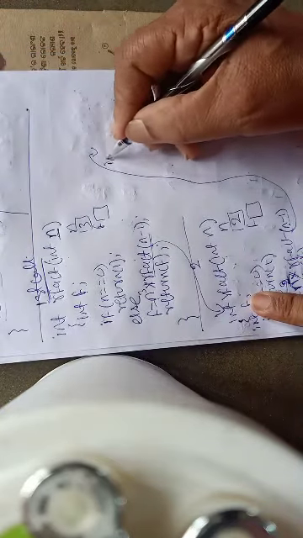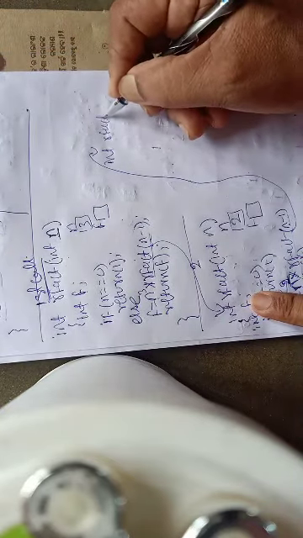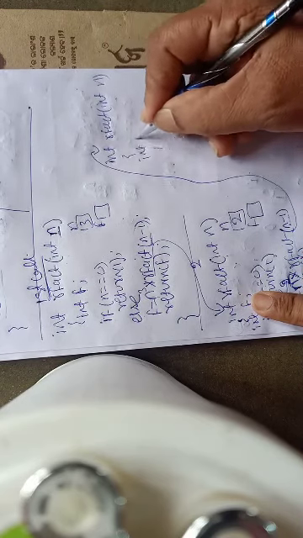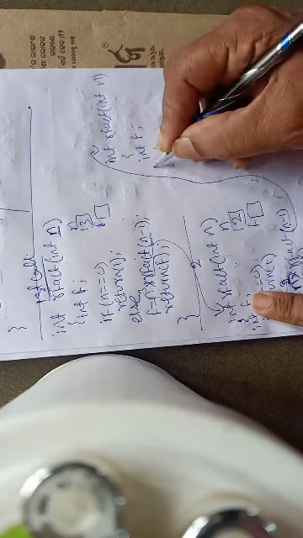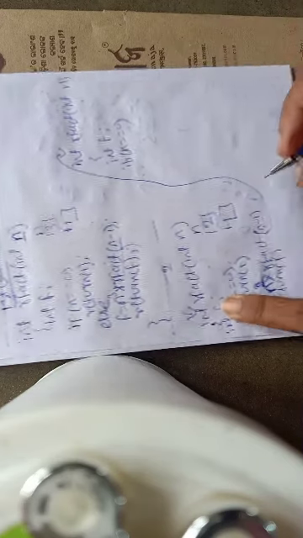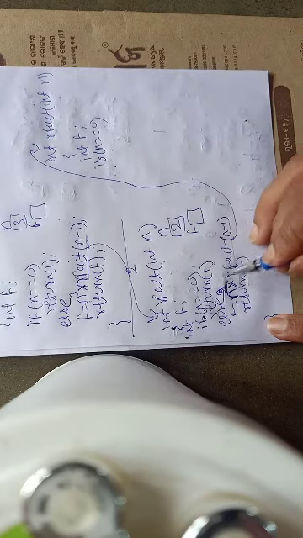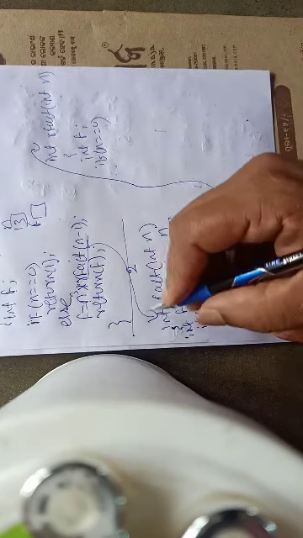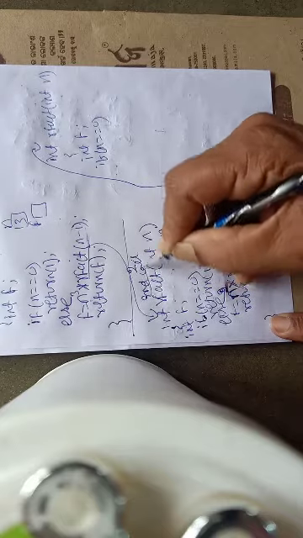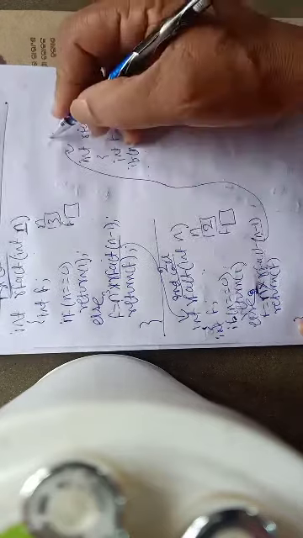Okay, so int rfact(int n). Now again there will be int f, and then if n equals 0. Now this is my second call, and from the second call it will go to the third call.